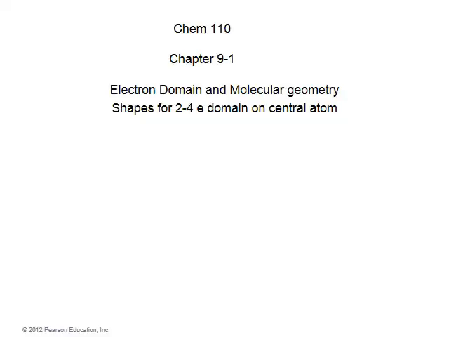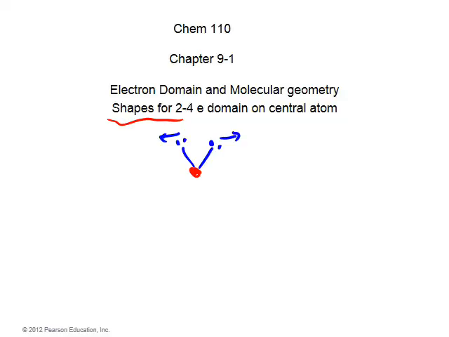We can predict shapes quite readily when there are two pairs of electrons. Let me show you that. If this is my central atom, and let's have two pairs of electrons like this. Keep in mind that electrons are negatively charged and they repel each other. So they're going to try to stay away from each other. Electron pairs are like bad neighbors.